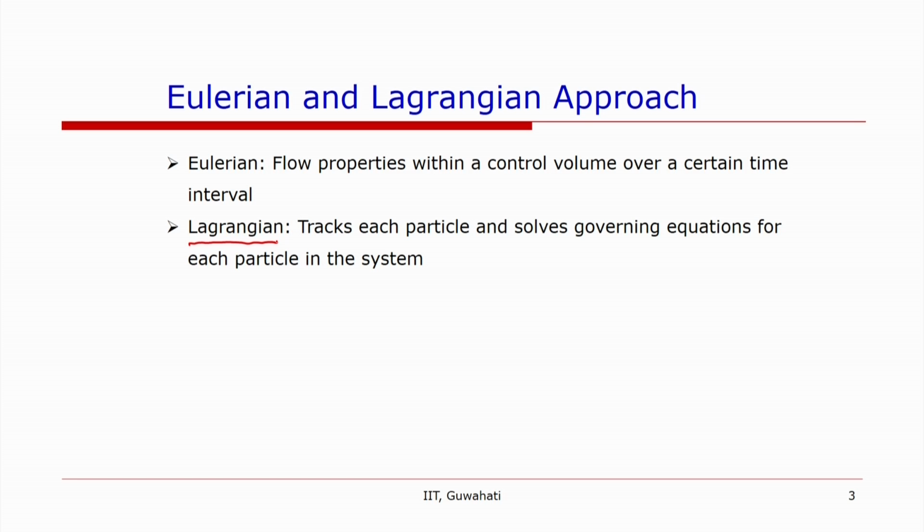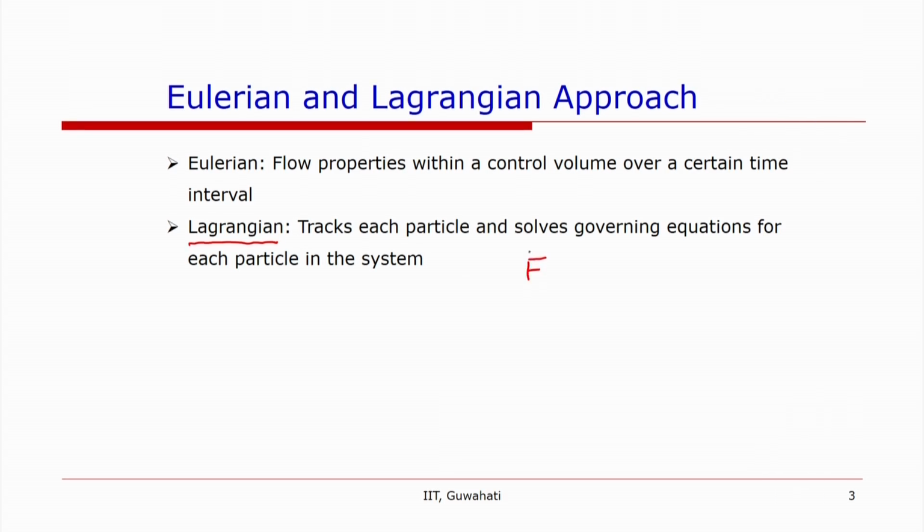In the Lagrangian approach, a particular mass of the fluid, or particular fluid particles, are tracked, and the governing equation for each particle can be solved by, say, Newton's second law of motion, that F is equal to m dv by dt.